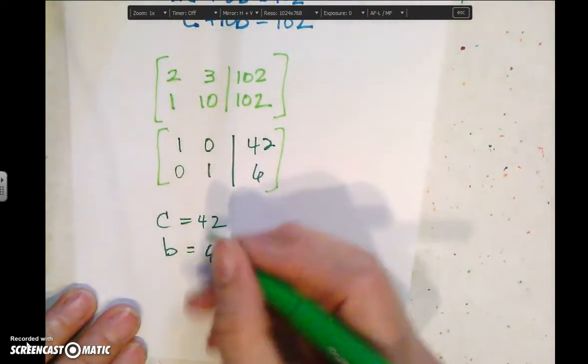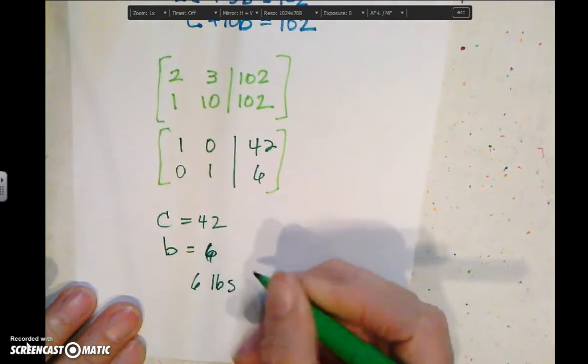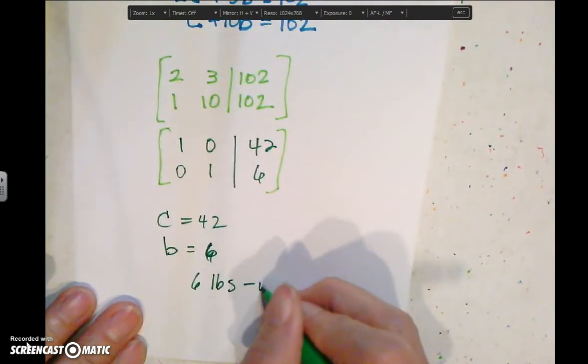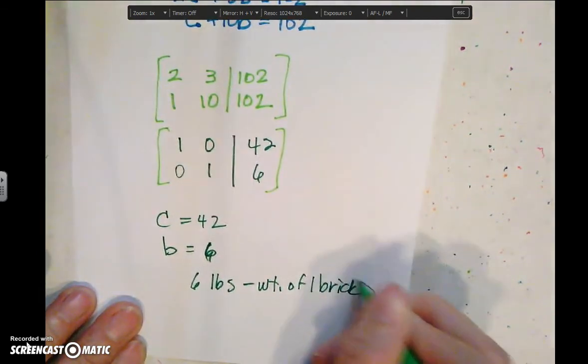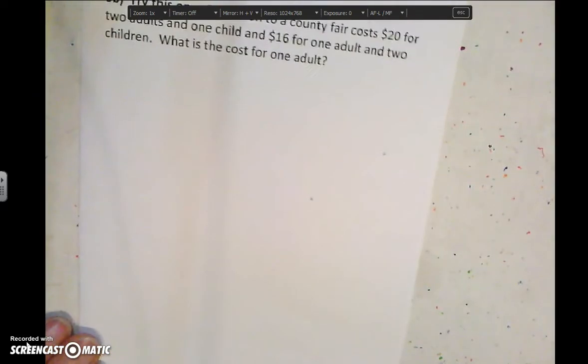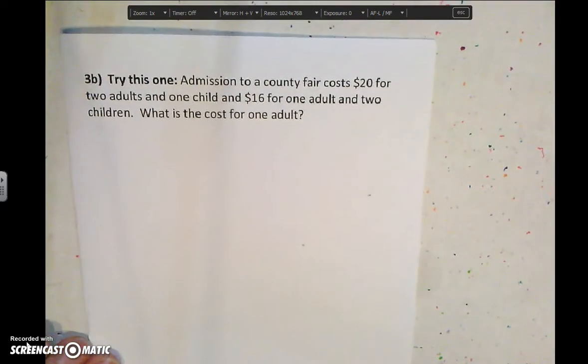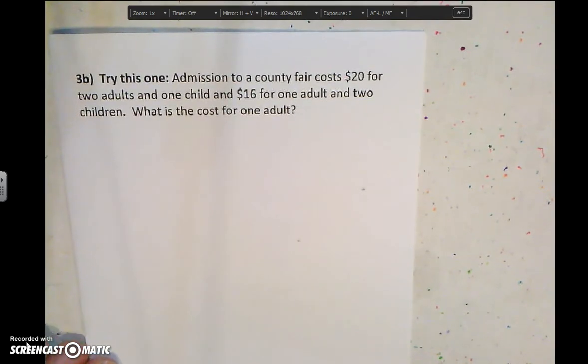And so it was 6 pounds. So we're going to say 6 pounds, the weight of one brick, for our answer. All right, so then you get another chance here to try this one. So try and set that up and solve it with your calculator.